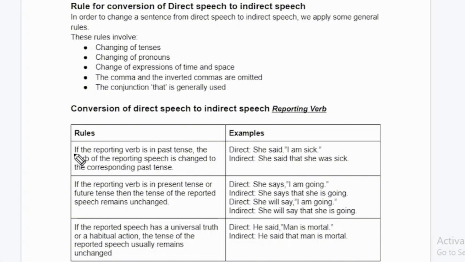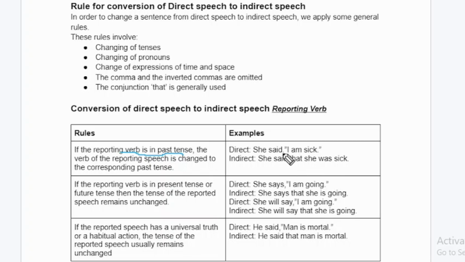What is the reporting verb? Here, "she said" is the reporting verb.